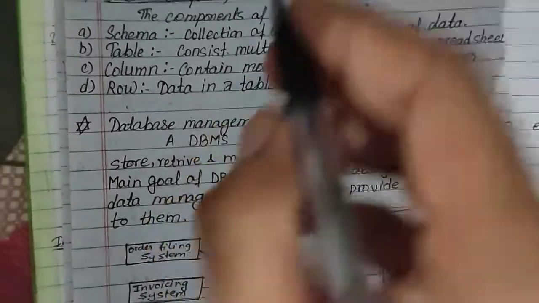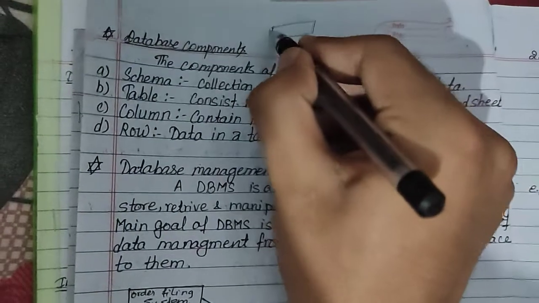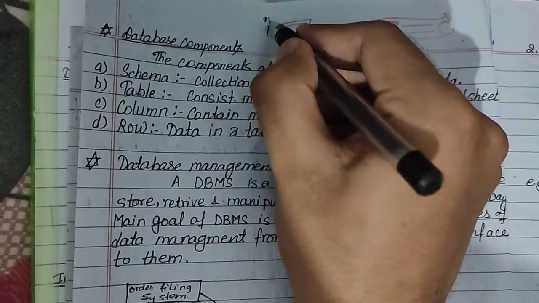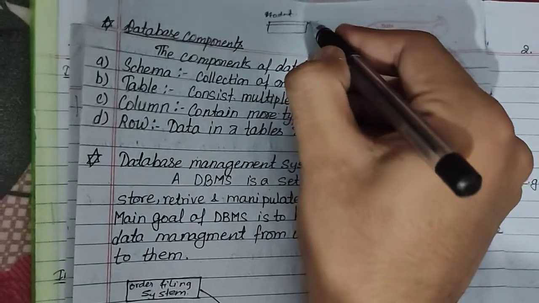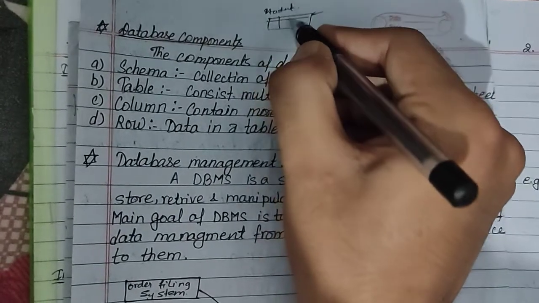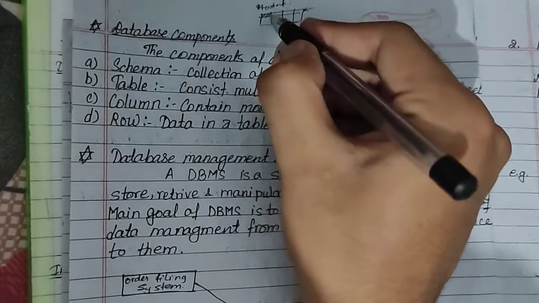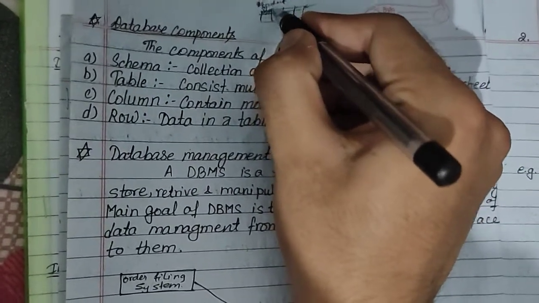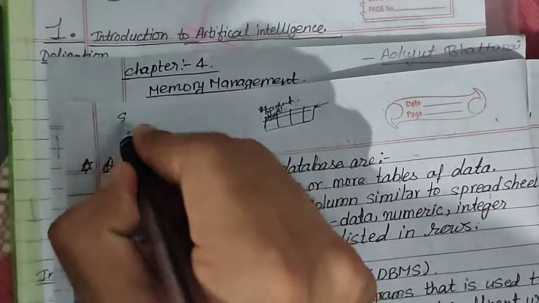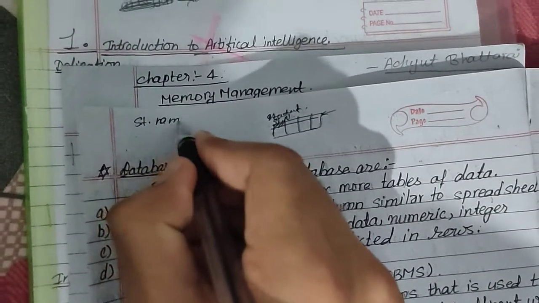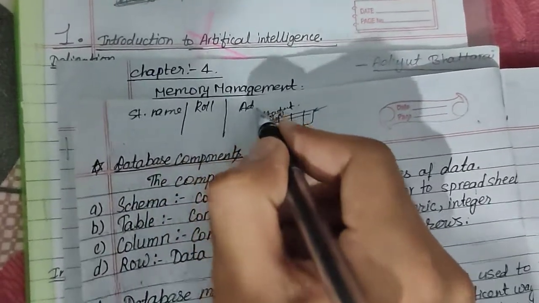We know that, suppose we have a database named students. The column denotes the database header. That may be student's name, roll, address.